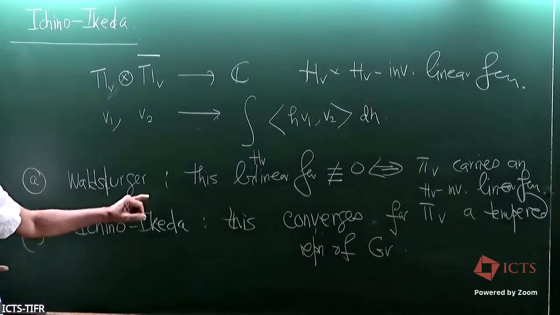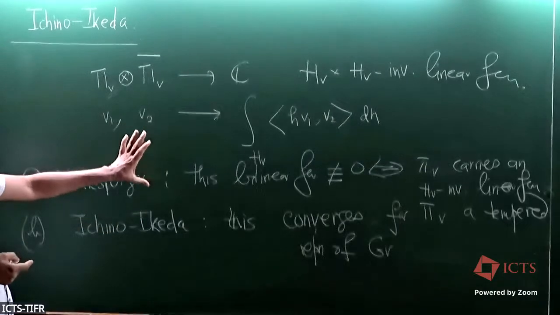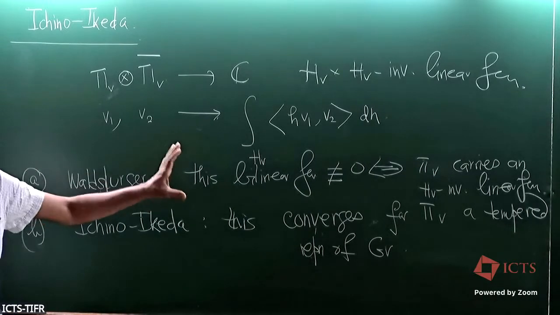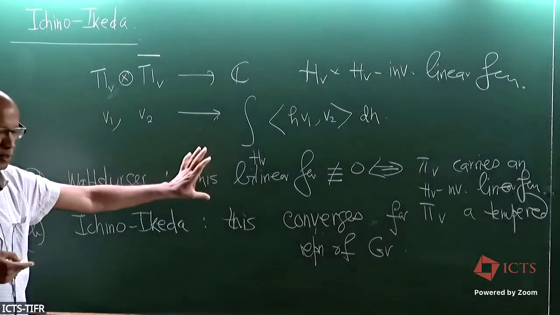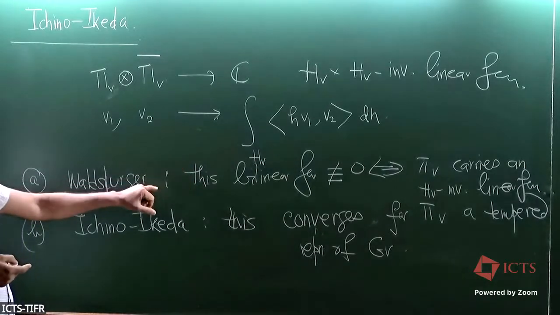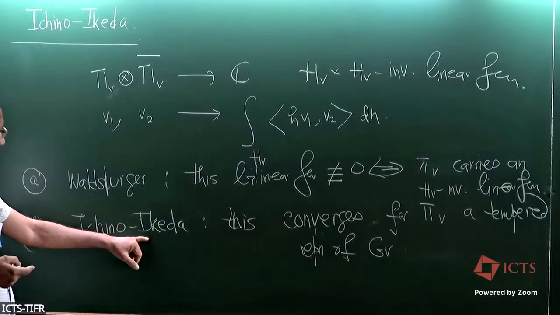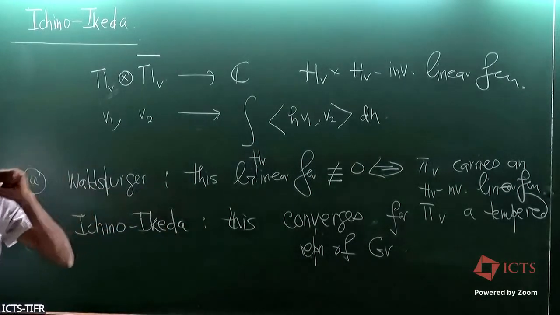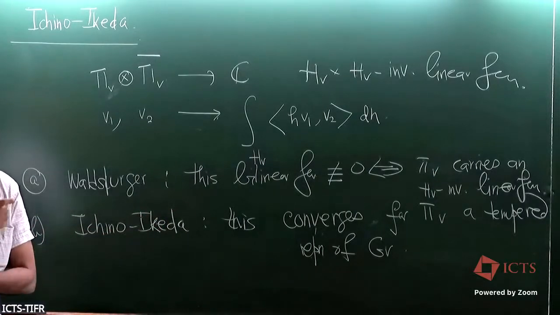So Walsh-Forget started doing some of these matters for supercuspidal representations. And for supercuspidal representations, the matrix coefficients are compactly supported, and therefore this would not have been an issue. So maybe he began this observation, and it was carried out in this generality by Ichino-Ikeda. But the convergence is due to Ichino-Ikeda.